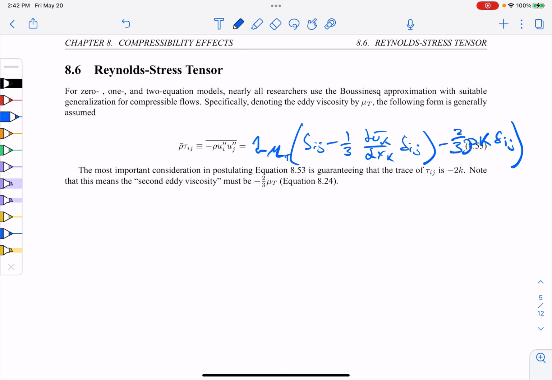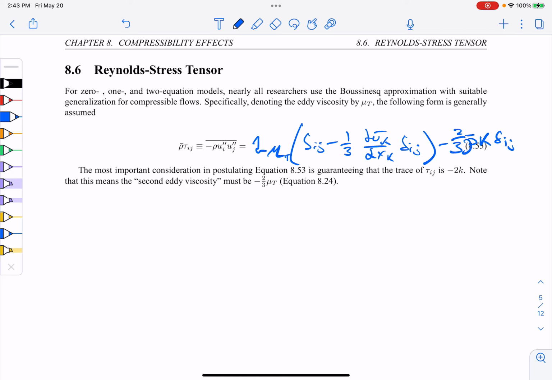Oh, and excuse me, there's no parenthesis there. So that's the most common formulation. And I think I need a bar across my rho here. This is an average quantity.